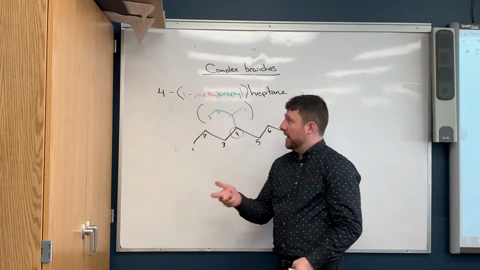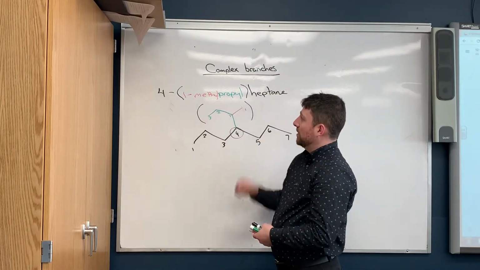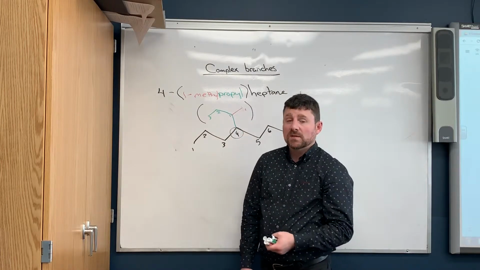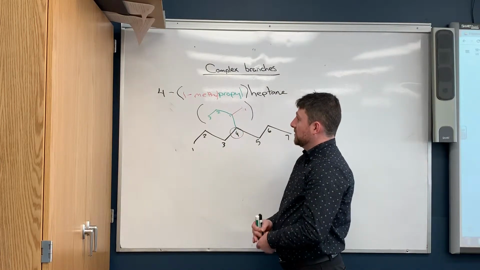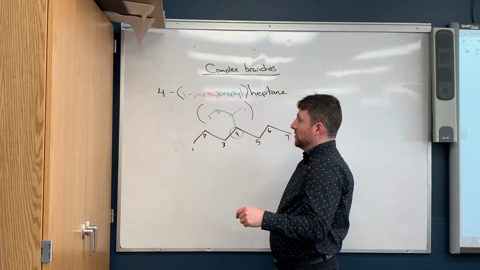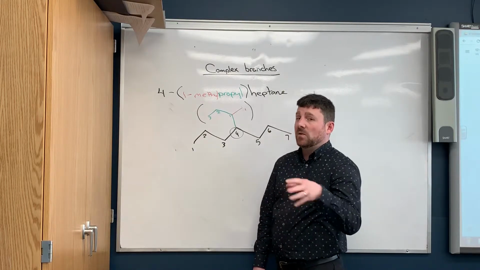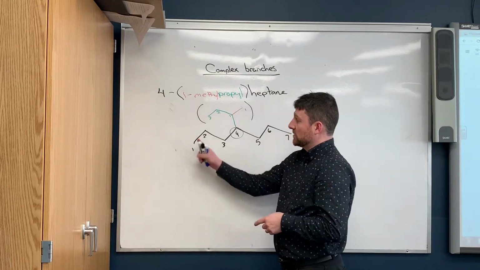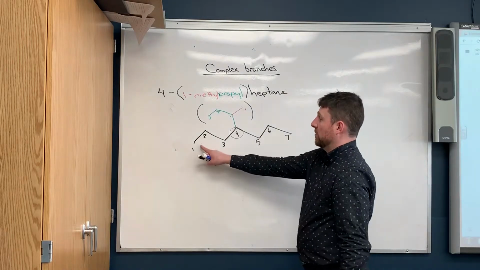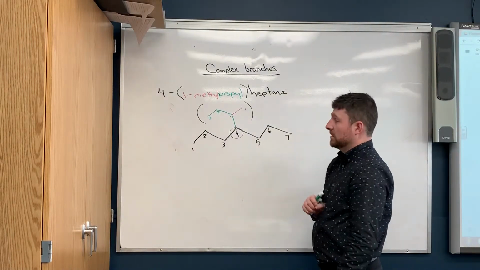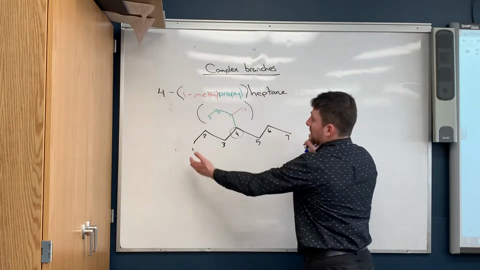there is one issue that we have to consider when we're naming complex branches, and it arises with this. Sometimes when you're dealing with complex branches, you can find an equal length main chain. And that's what I was just counting out here. So we have 1, 2, 3, 4, 5, 6, 7 there. So that's a heptane.